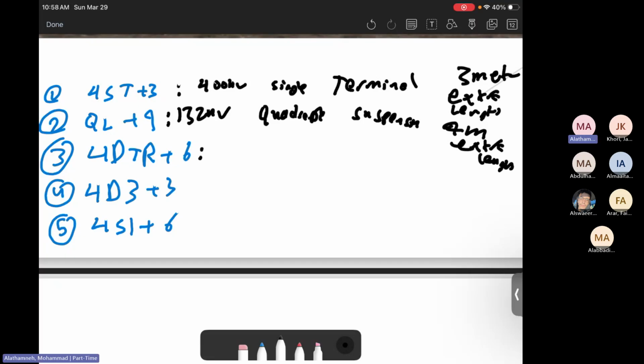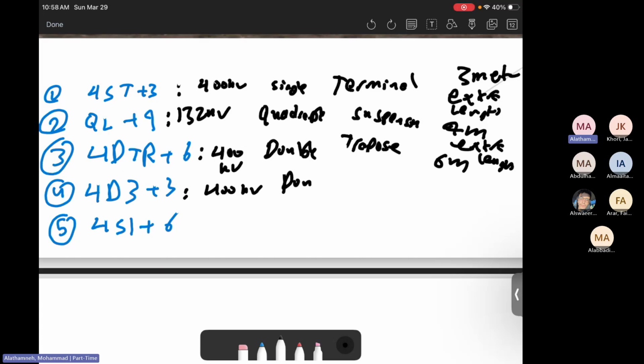How about number 3? This is 400 kilovolts, double circuits, transposition, and 6 meters extra length. Number 4, this is 400 kilovolts, double circuits, with angle 30 degrees and 3 meters extra length.